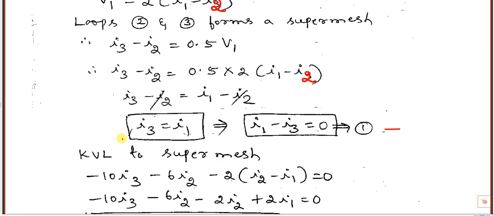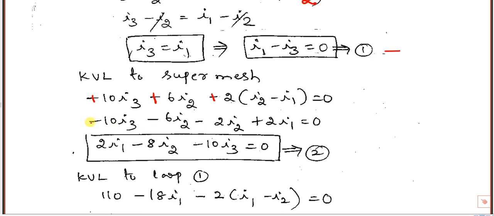According to my notation, you throughout multiply by positive or negative. So 10 I3 plus 6 I2 plus 2 into I2 minus I1 is equal to 0. If you simplify this, you will get minus 2I1 plus 8 I2 plus 10 I3 is equal to 0.